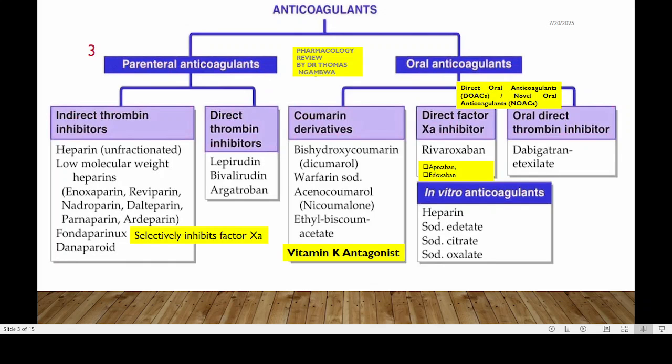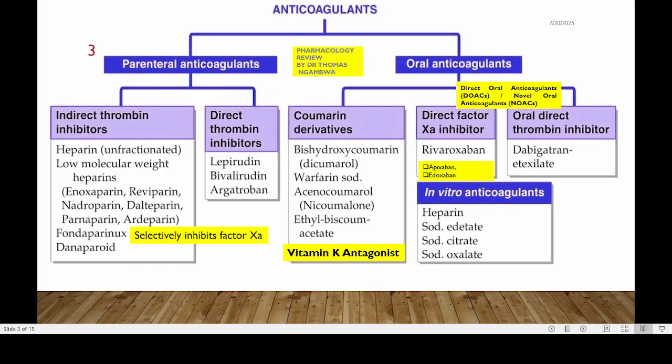So the most common one used is warfarin. When you're giving warfarin, you have to overlap it with heparin. So after heparin has the INR stable, then you can comfortably continue with the warfarin. Remember the direct oral anticoagulants, like rivaroxaban and dabigatran.